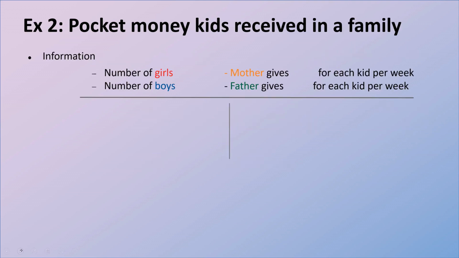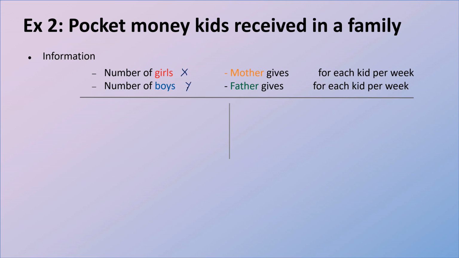Example 2. I'm going to calculate the pocket money that kids received in a family. I'm going to do this in a very general way, which I can apply to any family in the world. For that, I'm going to categorize four things. In a family, let's suppose there are X amount of girls while there are Y amount of boys.